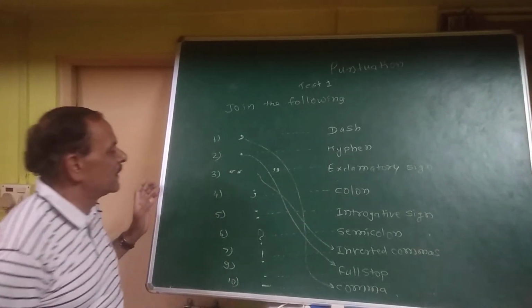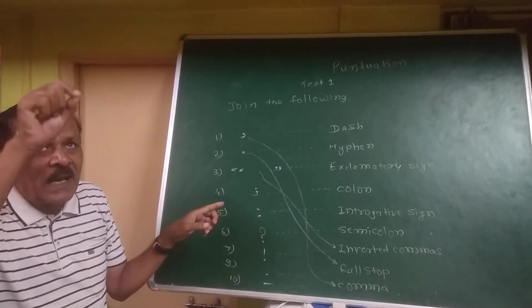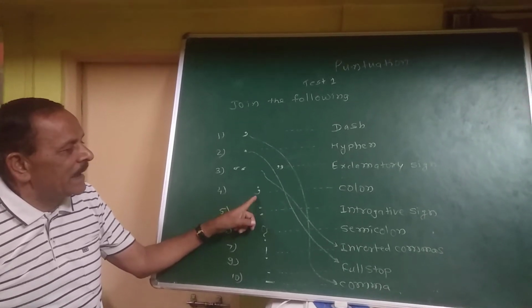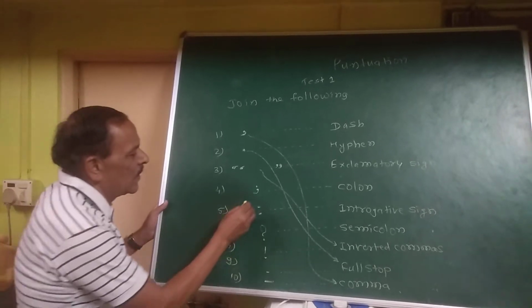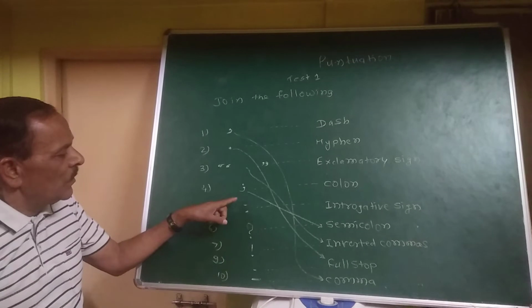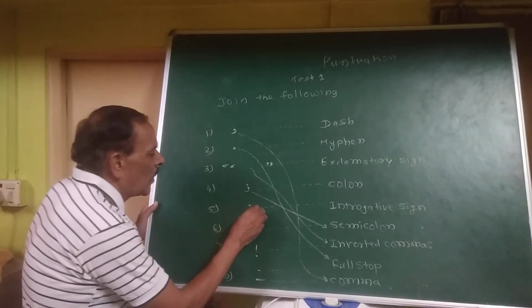Inverted commas. Then small comma and one dot. What is it? It is semicolon. Where is semicolon? Here. Then two vertical dots. That is colon.